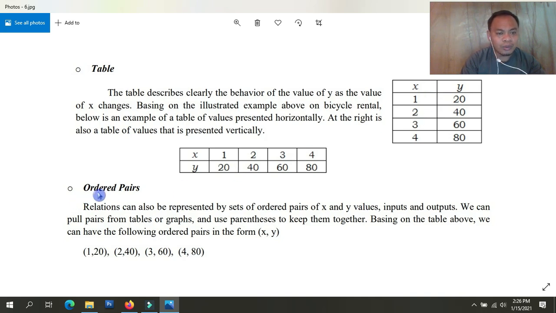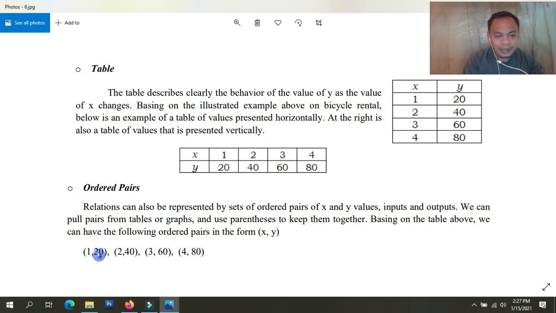Okay, then ordered pairs. Relations can also be represented by sets of ordered pairs of x and y values, inputs and outputs. We can pull pairs from the tables or graphs and use parentheses to keep them together. Basing on the table below, we can have the following ordered pairs in the form of x and y, time and then the amount. They are inside parentheses to keep them together.